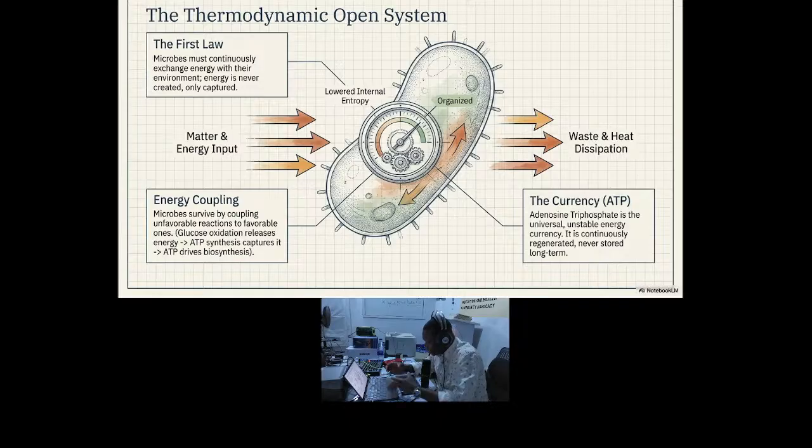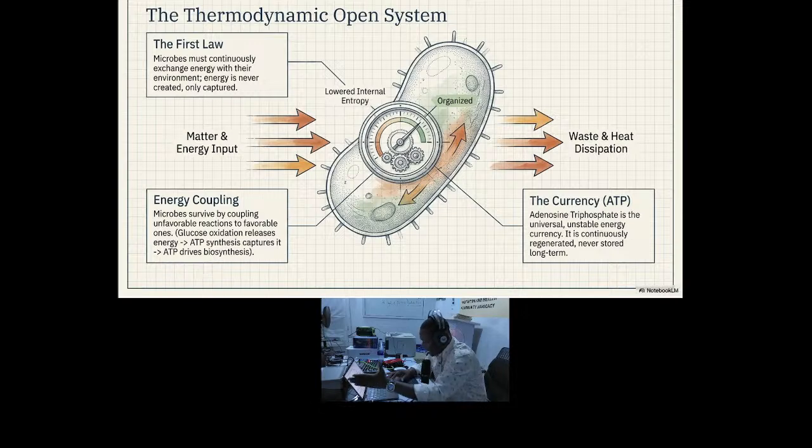So they will not accumulate the currency that is ATP just for accumulation's sake. Although they will have to store some, the majority of it will be expended into the environment in form of energy release.